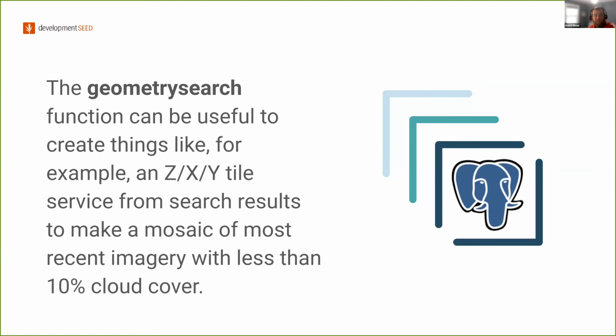So this can be really useful for things like creating a ZXY tile, such as ttiler PgSTAC does from search results. And as I said in the example earlier, this allows you to make a mosaic of recent imagery with less than 10% cloud cover.